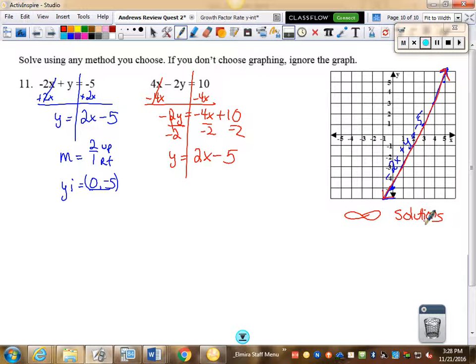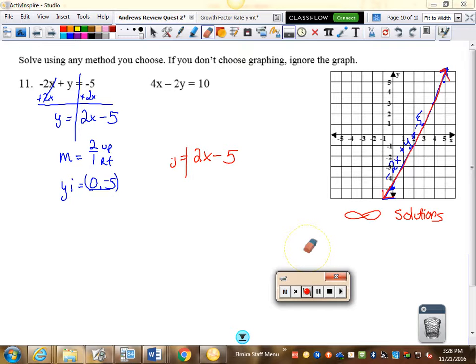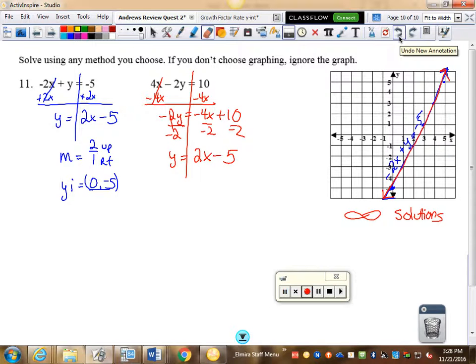If I wanted to, let me put this back for a second. Let's say I wanted to solve by setting the two y equals next to each other.